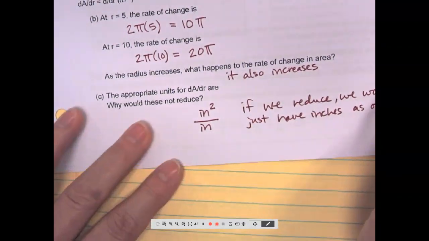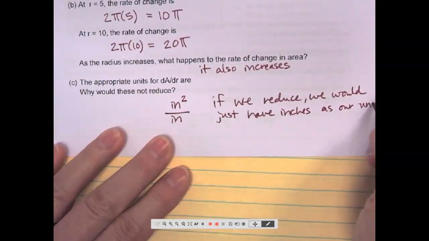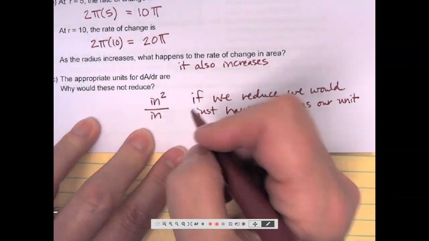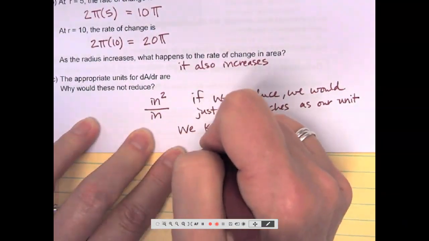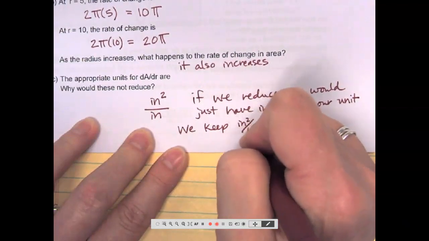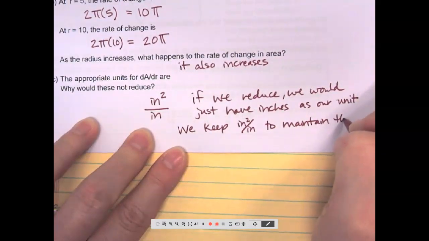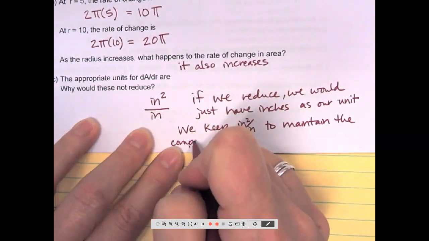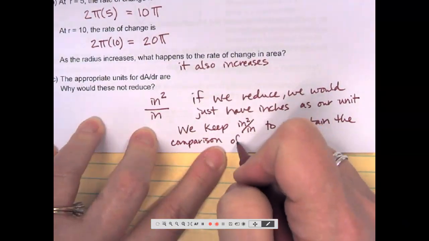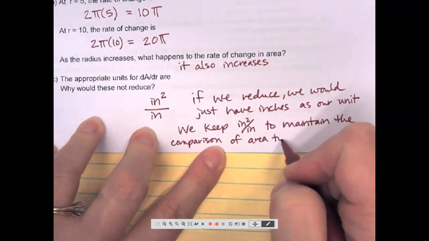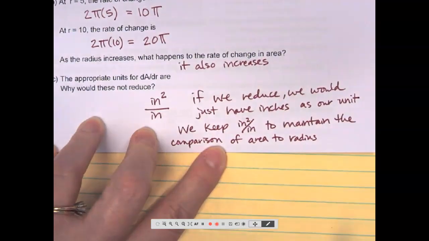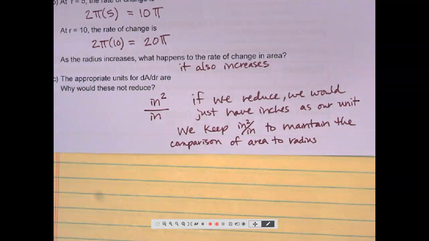So we keep it square inches over inches to maintain the comparison of area to radius. Otherwise we lose that, because per really means divided by. It means you're comparing something. If we lose that, then it has no meaning as to how the area is changing with respect to the radius.